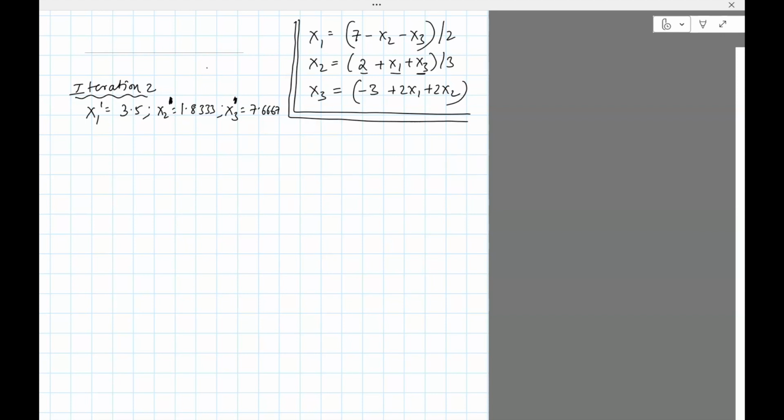So now we'll solve for x1 iteration 2 using this formula. So 7 minus x2, 1.8333, minus x3, 7.6667, divided by 2. That's negative 1.25.